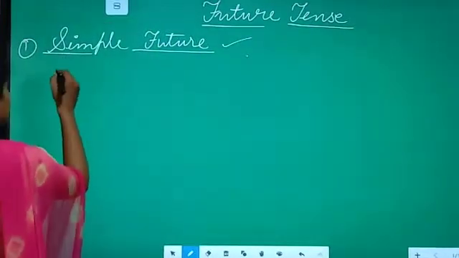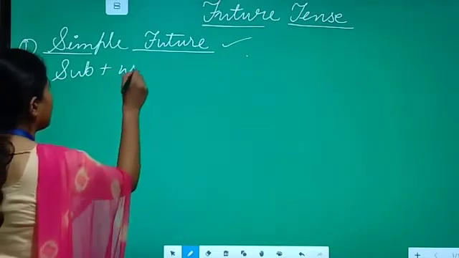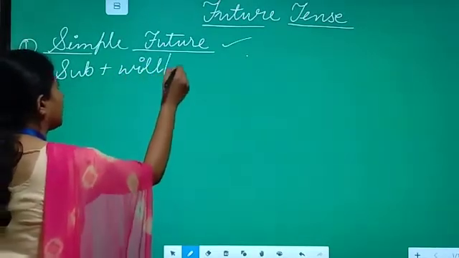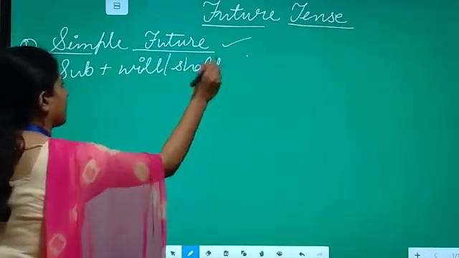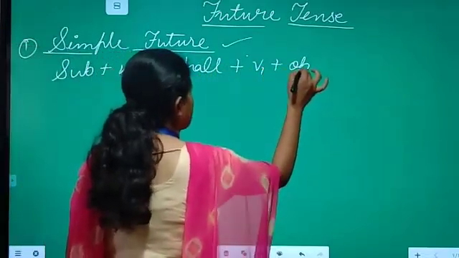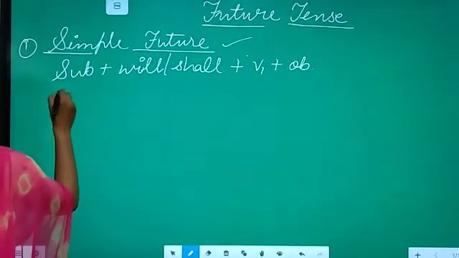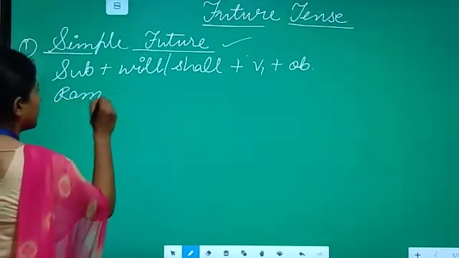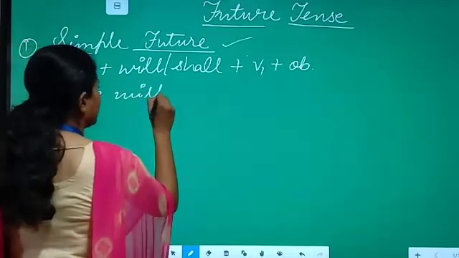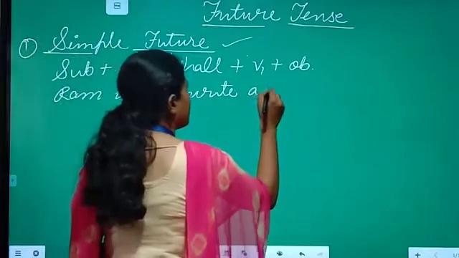To form any simple future tense, we need subject, will or shall, plus verb's first form plus object. For example, Ram will write a letter.